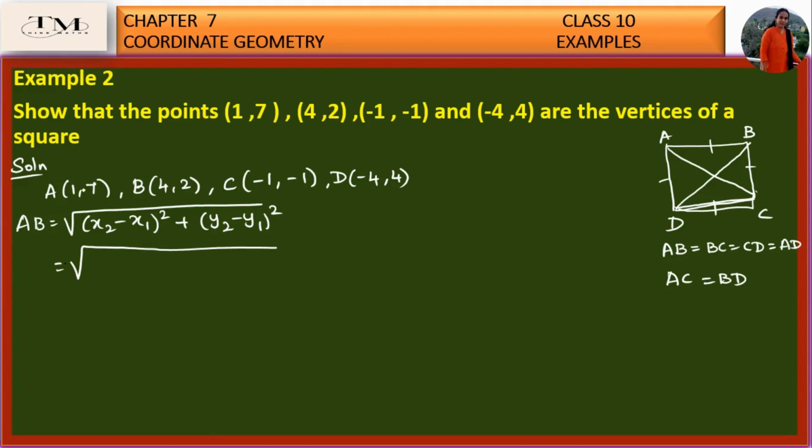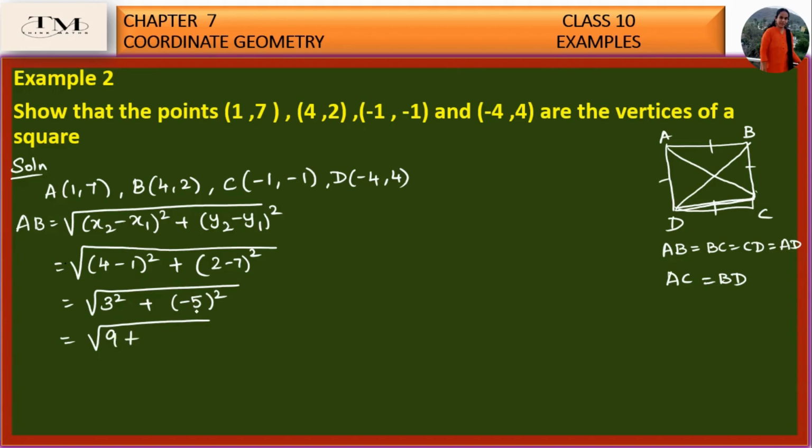So 4 minus 1 whole square plus 2 minus 7 whole square. 4 minus 1 is 3 square, plus 2 minus 7 is minus 5 whole square. 3 square is 9 and minus 5 whole square is 25. So 25 plus 9 is 34. So let it be root 34.